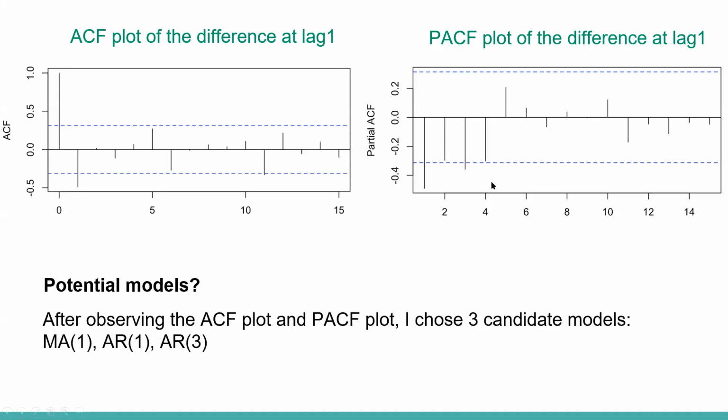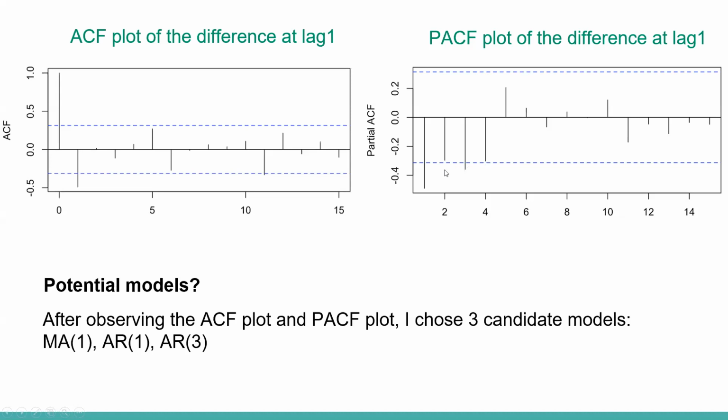Let me say that again. Under the partial ACF, this is for lag 1, this is for lag 2, and this is for lag 3. Now, when you take a look at this guy and this guy, you may likely say that it cuts off after lag 3.